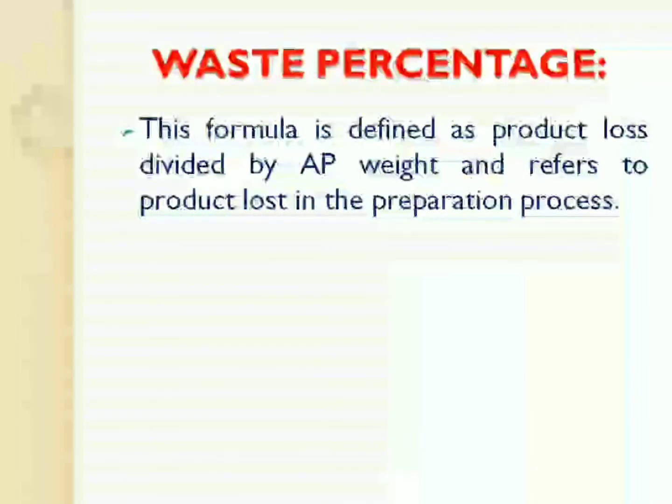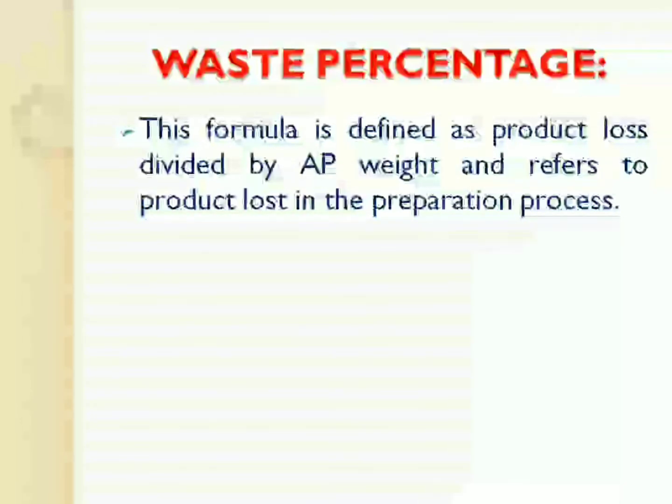The next is the waste percentage. Basically, waste percentage is a formula defined as product loss divided by AP weight, where AP stands for as purchased weight, and refers to product lost in the preparation processes.